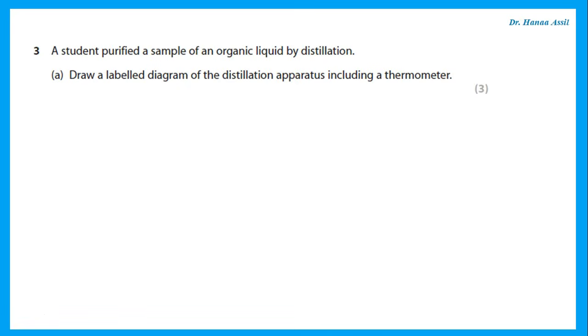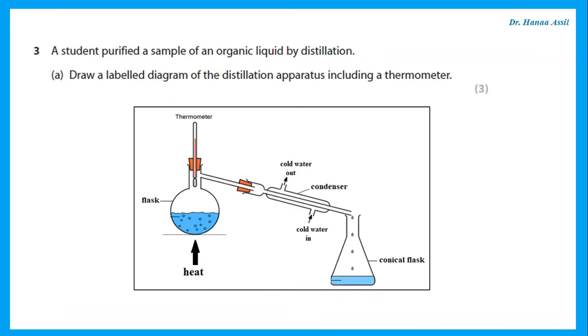Question 3 says, a student purified a sample of an organic liquid by distillation. Draw a labeled diagram of the distillation apparatus, including a thermometer. Please practice drawing this kind of apparatus in which we have the flask with a thermometer in it, and the bulb of the thermometer is near the entrance to the condenser.